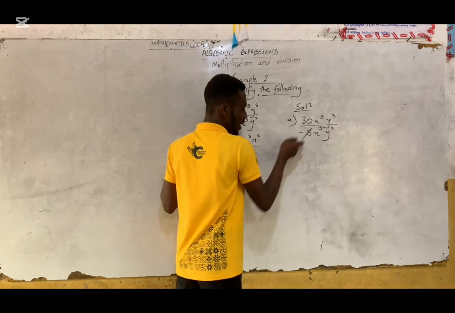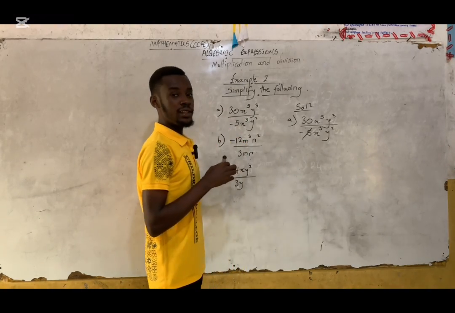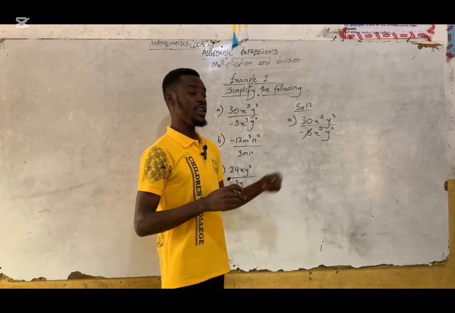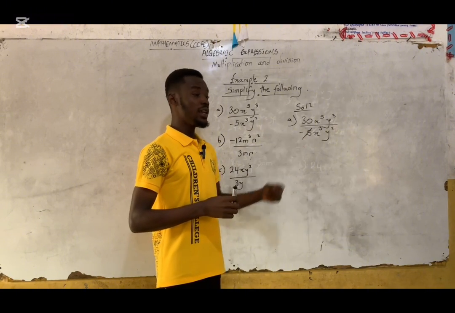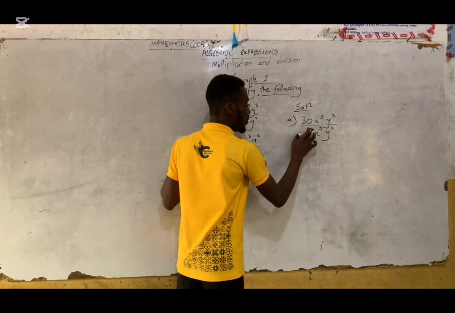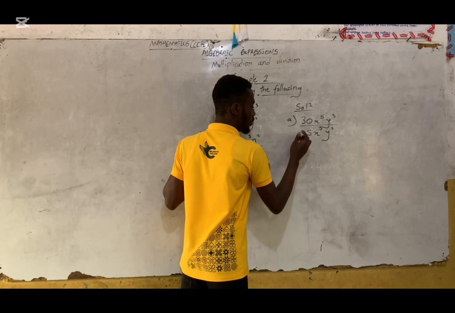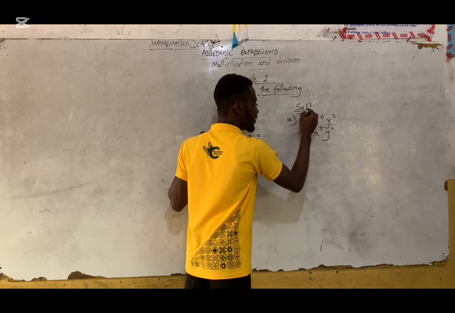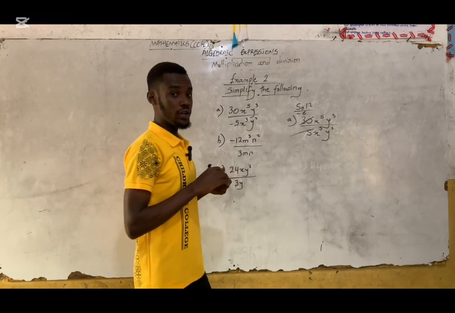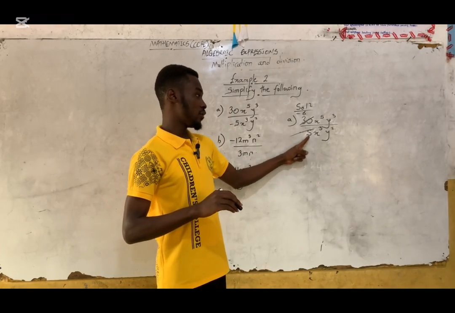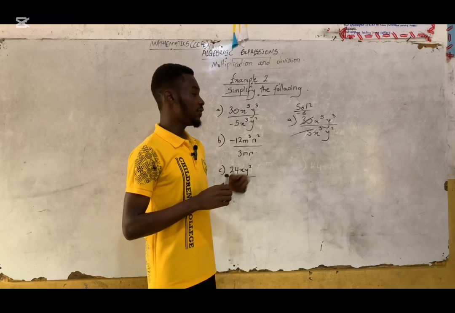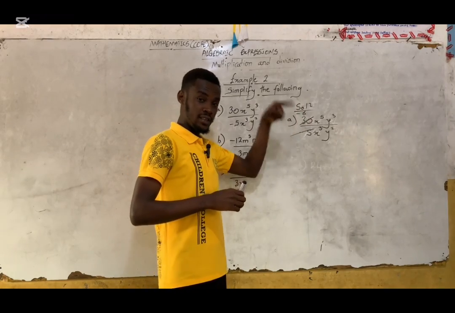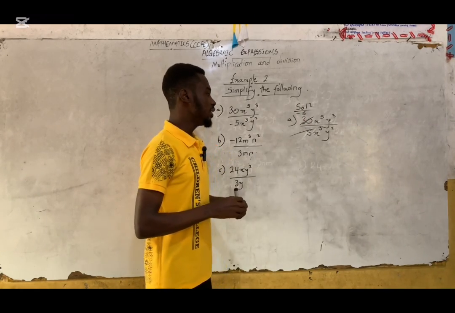Let's pick all of them. Negative 5 goes into 30 how many times? We know 5 goes here 6 times, but because of the negative, negative 5 goes here negative 6 times. Are we okay? Negative 5, so we have to maintain the negative. Negative 5 times negative 6 gives us a positive number, which is 30.